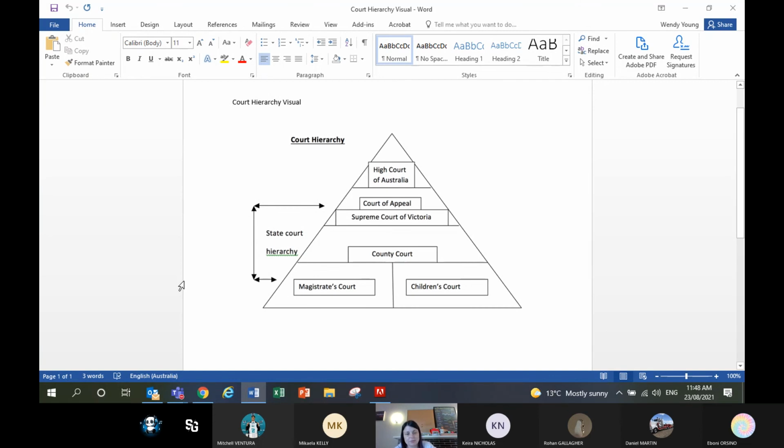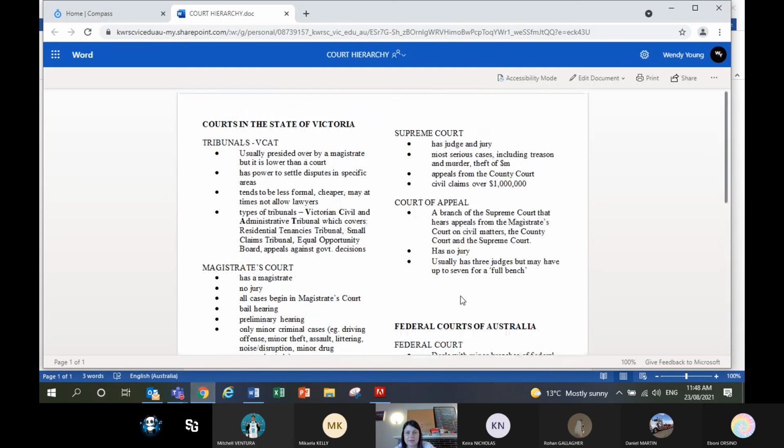Moving one up, we have the Supreme Court of Victoria. And at the Supreme Court, now we suddenly find a judge and a jury. A jury consists of 12 people, and they're ordinary citizens over the age of 18 who are called to something called jury duty.